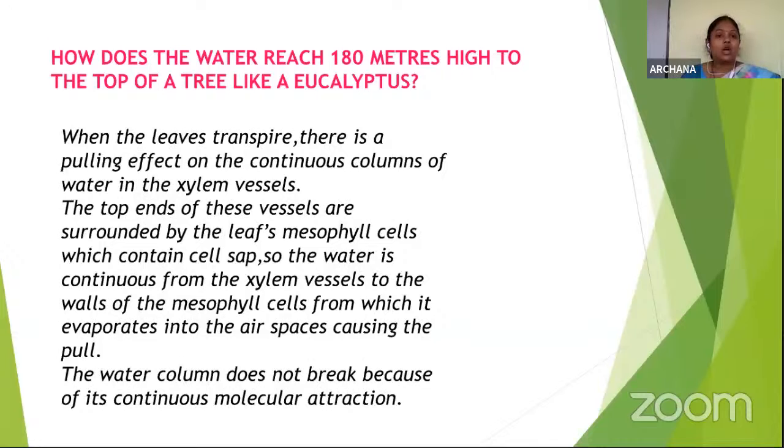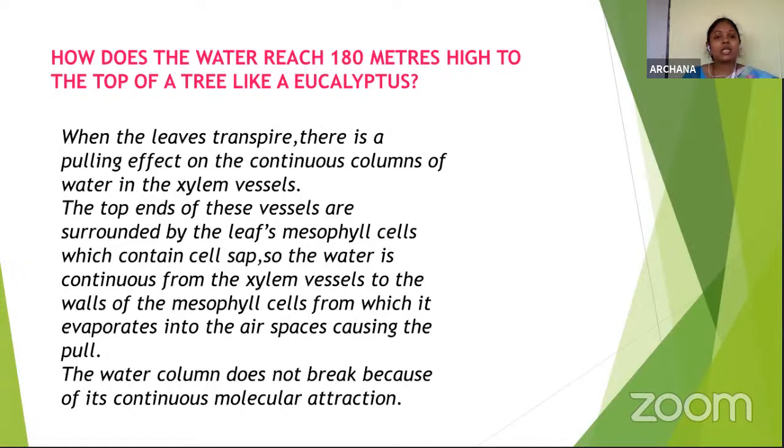Now, root pressure can transport water and dissolved mineral nutrients from roots through the xylem to the tops of short plants when transpiration is low or zero. And root pressure will be high in some seasons and sometimes it will be nil.